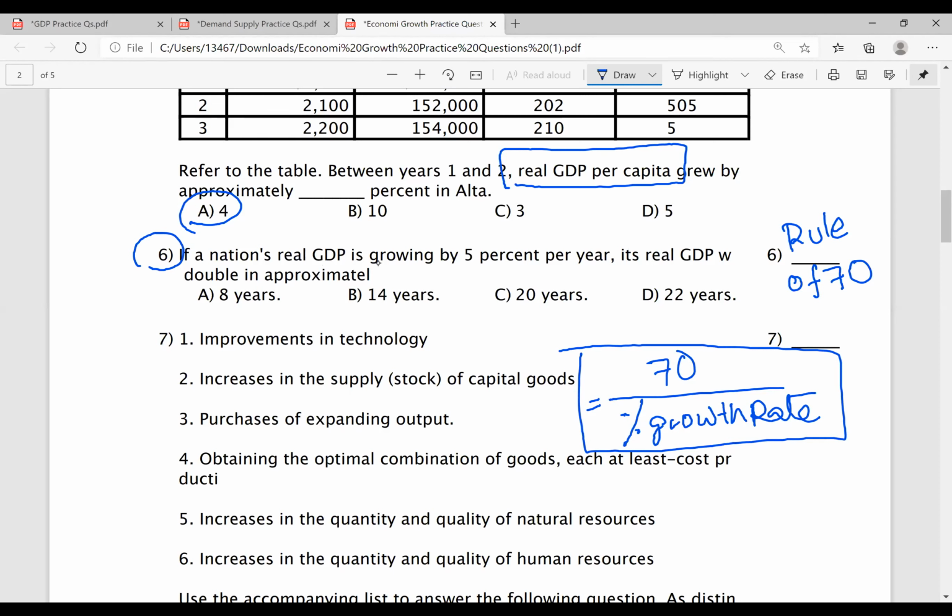They're telling me a nation's GDP is growing by 5%, and its GDP will double in approximately how many years? So it's just going to be 70 over 5. That is equal to 14 years.